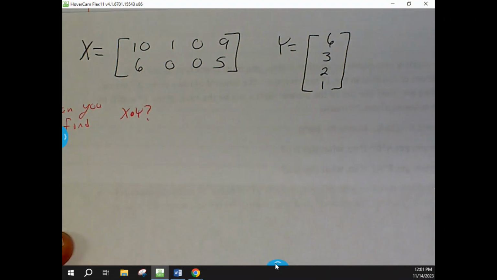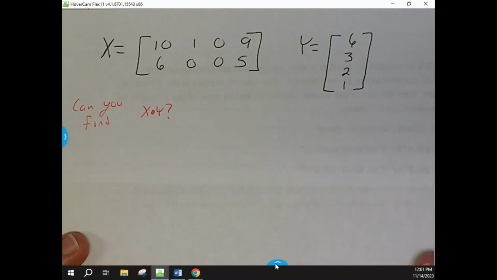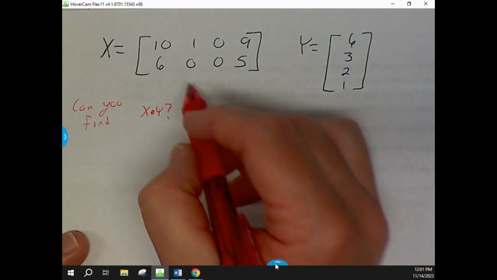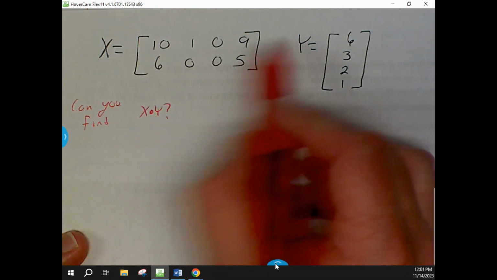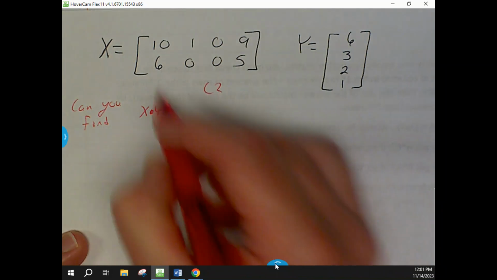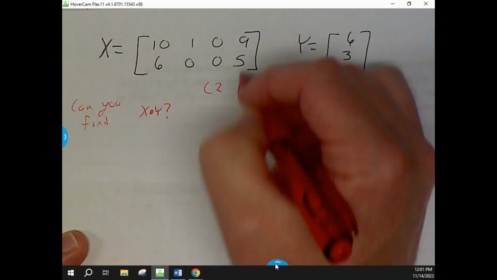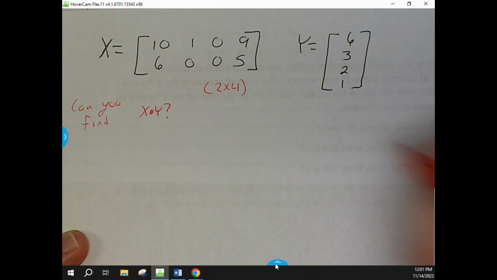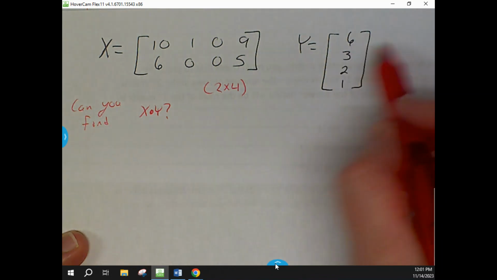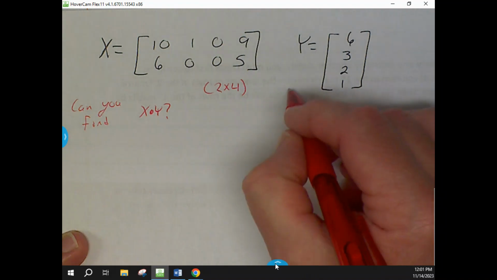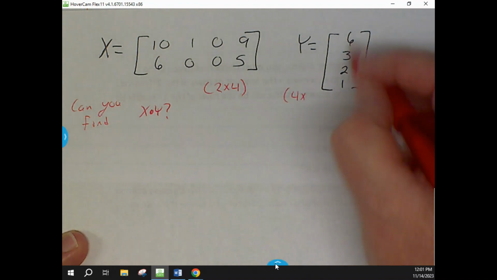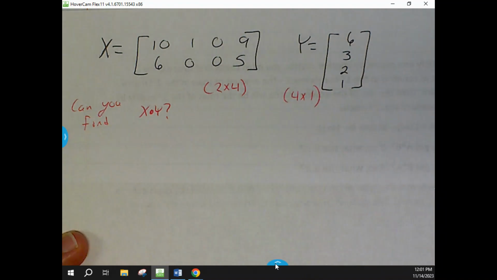That basically means you have to make sure that the sizes match up. For this one, you have to think that it's rows by columns. We've got 2 rows and 4 columns, so it's a 2x4 matrix. This one, we've got 4 rows and only one column, so it's a 4x1 matrix.